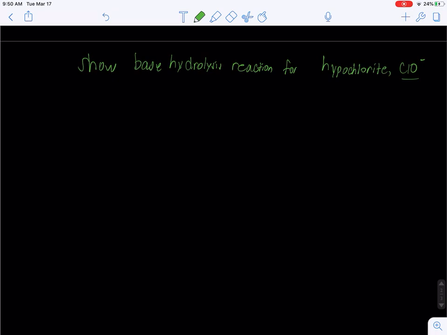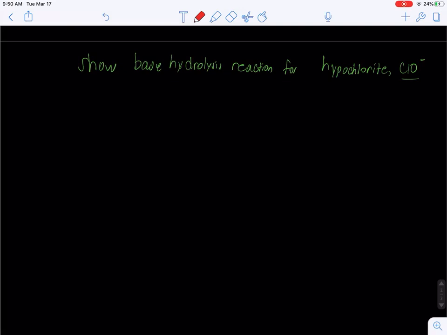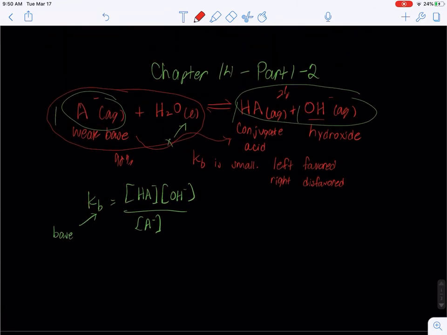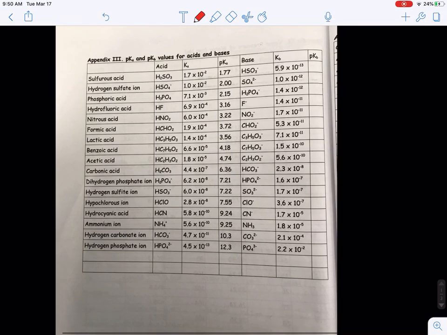So now, what we do is we write down this guy here, and you'll see this in Appendix 3. So if we take a look at Appendix 3, you can see ClO minus right here. Okay.